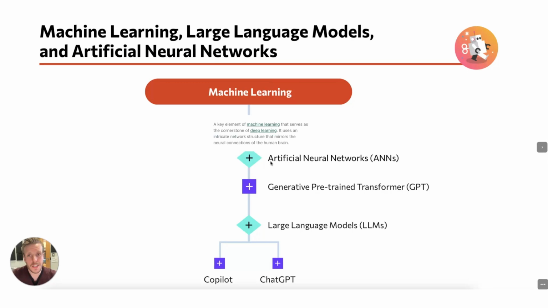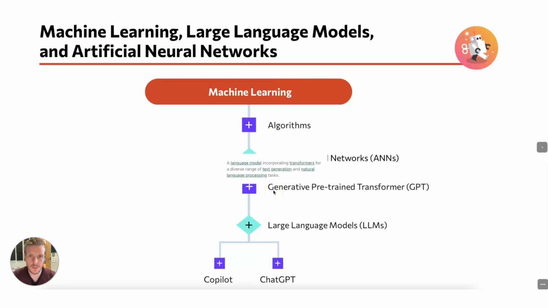Now, traditional artificial intelligence was utilizing ANNs, and then along came generative AI. And this is available to us because of GPTs. Now, I know you've all said GPT because you've probably said ChatGPT at some point in your life. But maybe you didn't realize that GPT actually stands for something, and that stands for Generative Pre-trained Transformer.